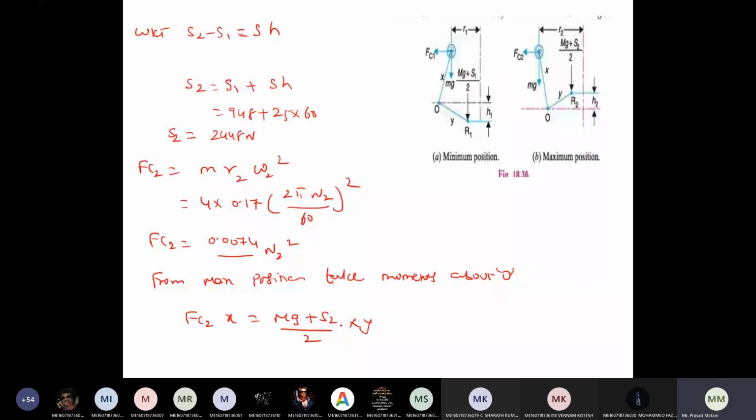Again mg, I am writing here, mg is equals to 0 due to neglect of gravity. Already it is given in the problem. Neglecting gravity effect.